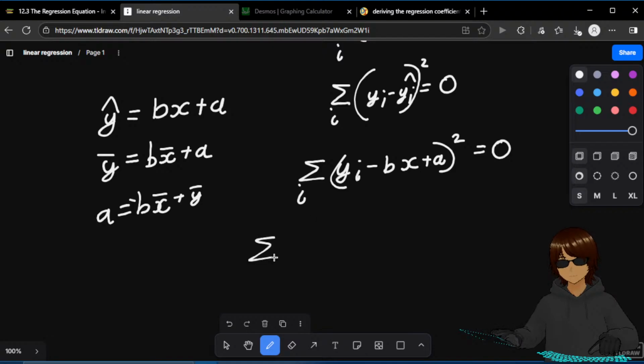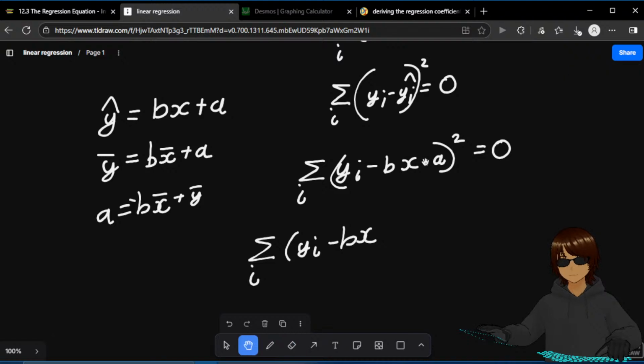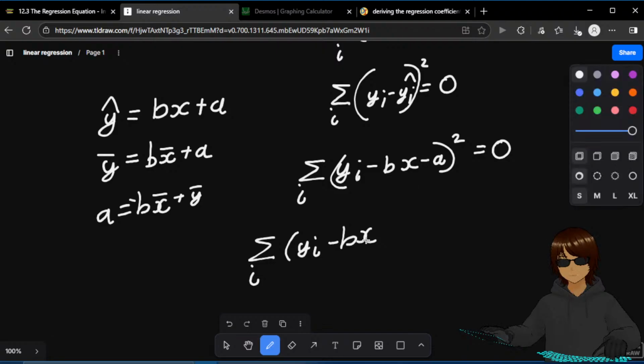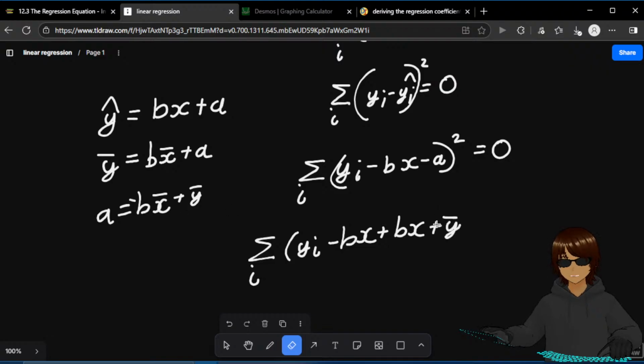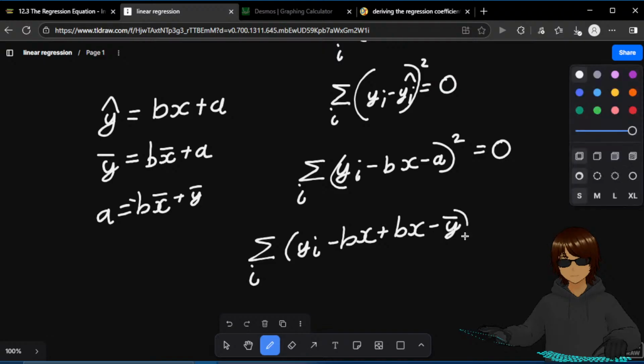Instead of a, I will write minus bx plus minus, squared.